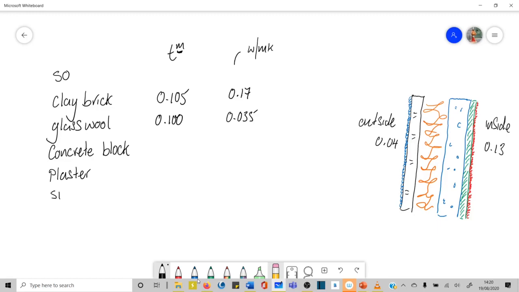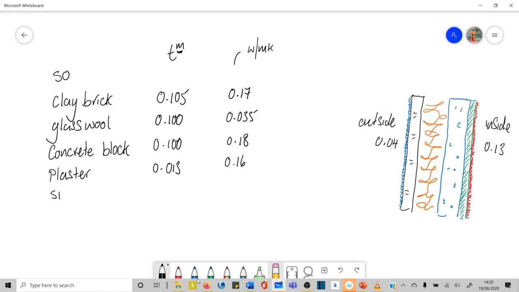The concrete block, 0.100, and the resistivity of that was 0.18. And then we've got plaster at 0.013, so 13 mil. This is equivalent to 13 millimeters divided by 1,000 because it's meters there, and that has a resistivity value of 0.16.